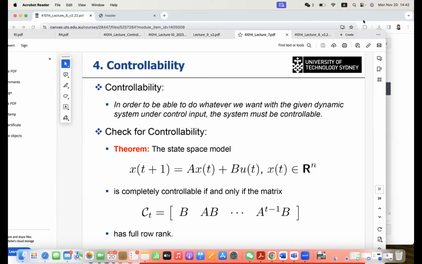The stability is based on the eigenvalues, the roots. That comes from a mathematical derivation.